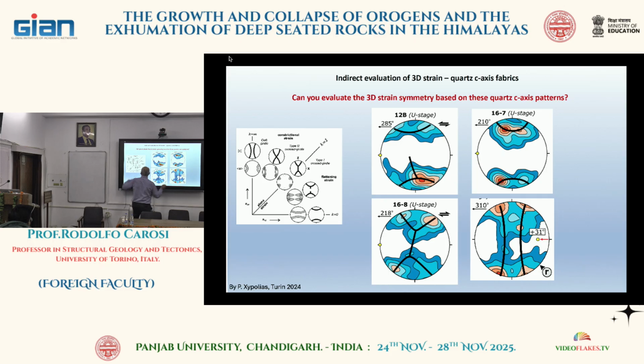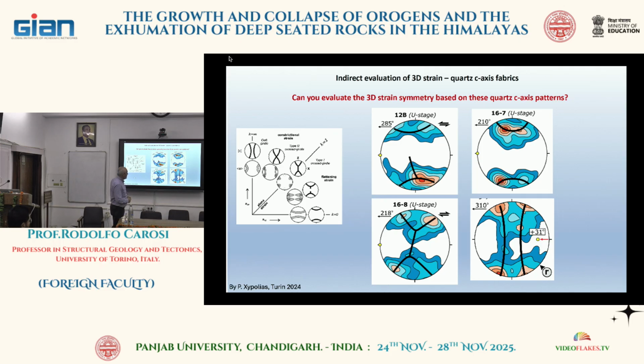For example, this one is related to a constriction ellipsoid, this one to a pancake ellipsoid, this one more or less to plane strain. But you can see that here there is a symmetry of this axis and this one. Here the symmetry is lost, there is a rotation, and it is due to simple shear. So by using the C-axes, you can also assess the sense of shear in the rock.